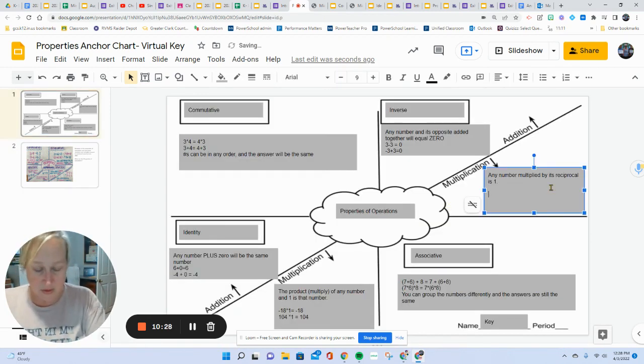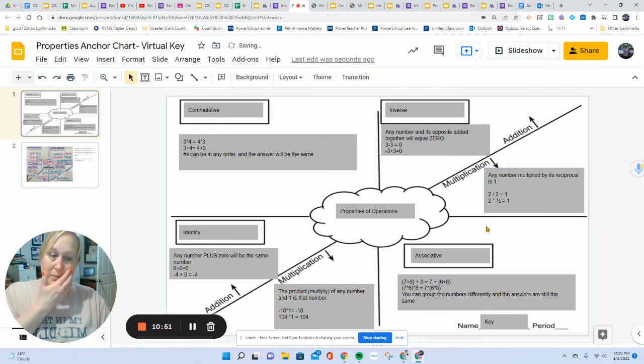So if I do 2 divided by 2, that equals 1. That is the same as 2 times 1/2. And 1/2 is that reciprocal. Again, we are going to have another lesson that explains this reciprocal portion of it, but in the big picture, that's what you need to know.